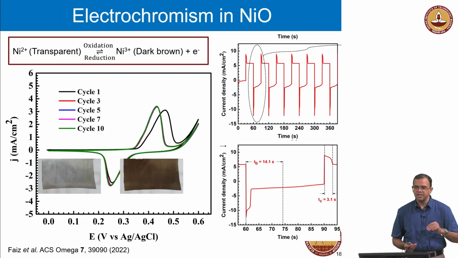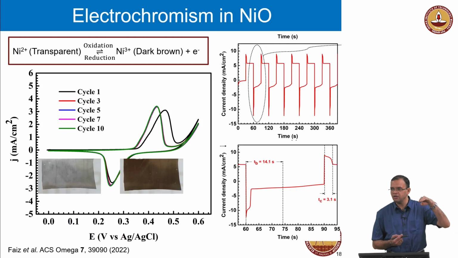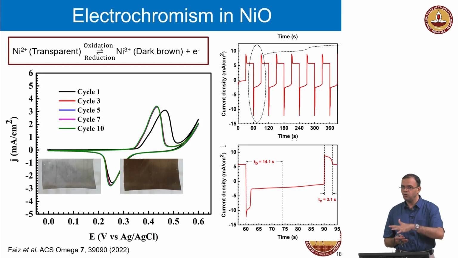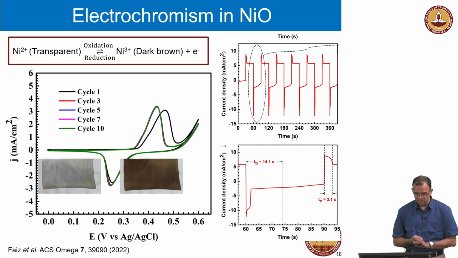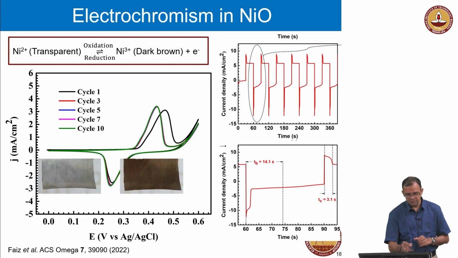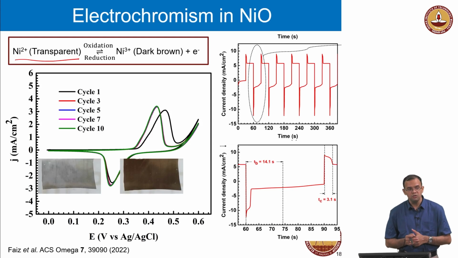Tungsten oxide is an example of a cathodic coloring oxide, which means we go from a higher oxidation state to a lower oxidation state. We can also do the reverse, and this is again work that we did in our group, where we start with nickel. We have nickel oxide, and we can grow this nickel oxide by sputtering. We can also grow this by solution routes or chemical reduction techniques.